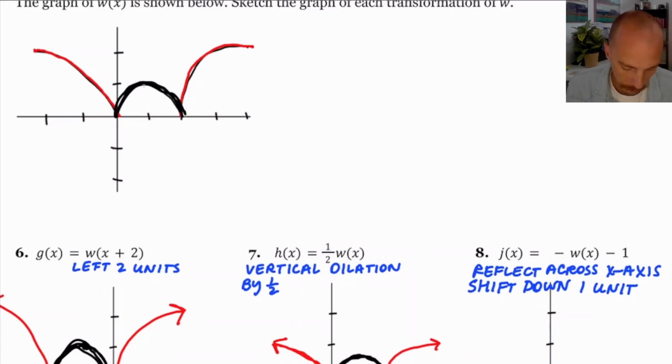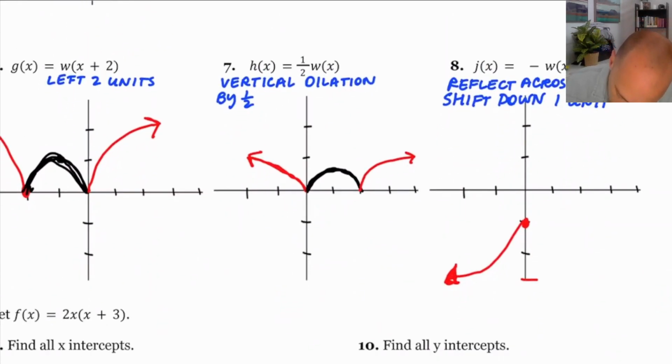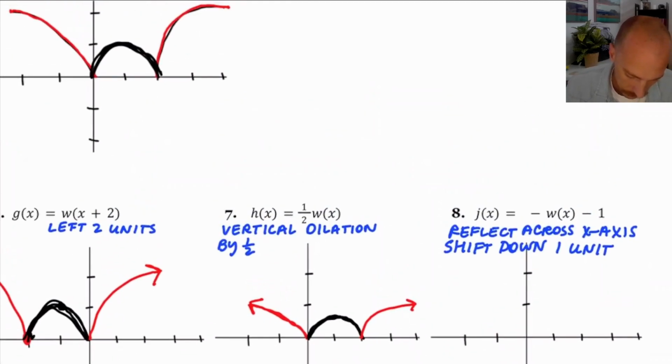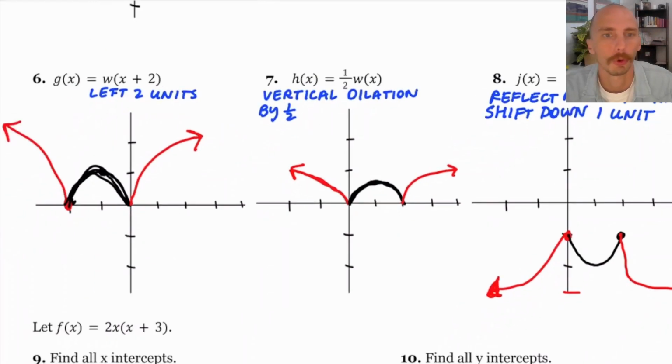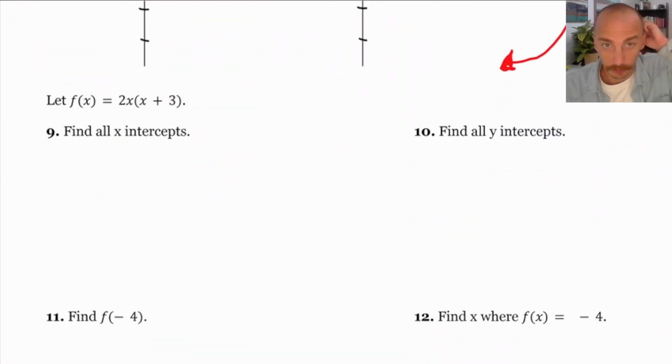It went up to positive 1, so it would go down to negative 1, but then got shifted again, so it should probably go down to negative 2. And it still went over by 2. And then the other thing looks kind of the same, but it's a little steeper at first and flatter after. I don't know. That's as good as I've got. Okay, it's upside down and it got shifted down by 1. That's what's important. All right, okay, there was only 3 of those.